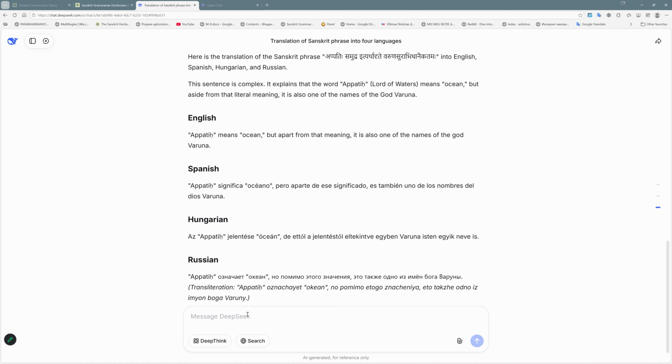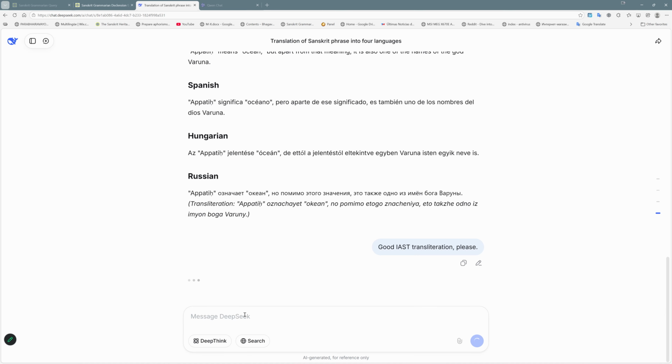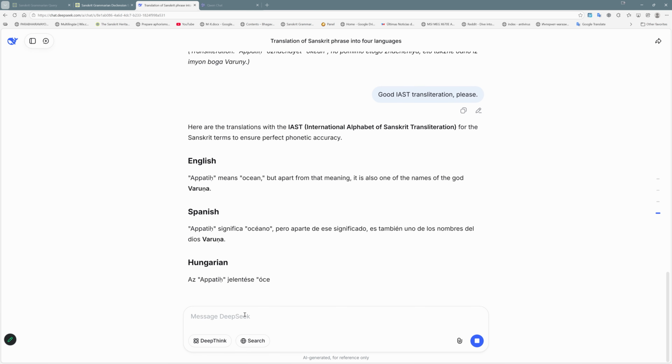I will tell it to give a good transliteration, please, because Varuna is with the N with the dot under. So now it will write again.